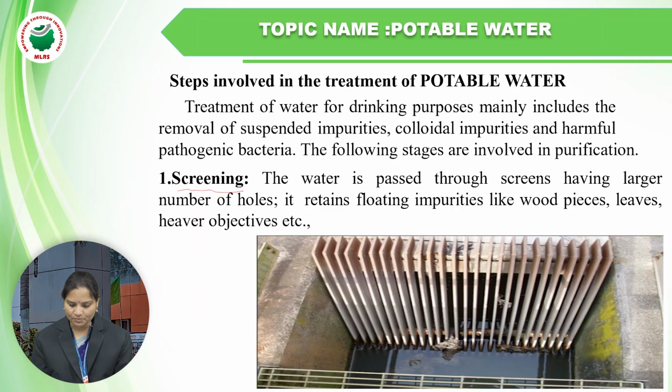Here we have to observe this image. There are a number of holes, and we pass the water through them. Sanitary items, plastic bottles, plastic caps, and other bulk or heavy impurities like wood pieces, leaves, heavier objects, or floating impurities are eliminated by this screening process.